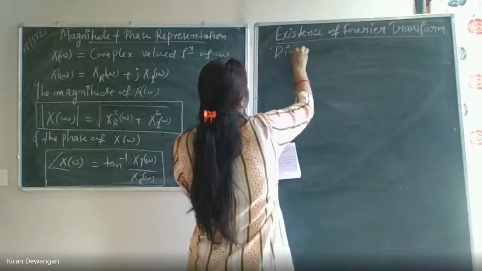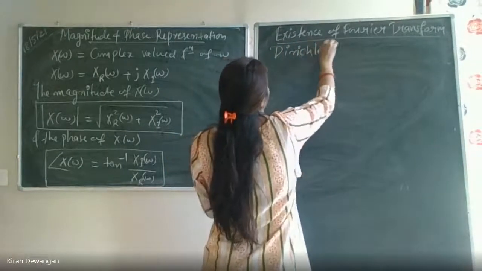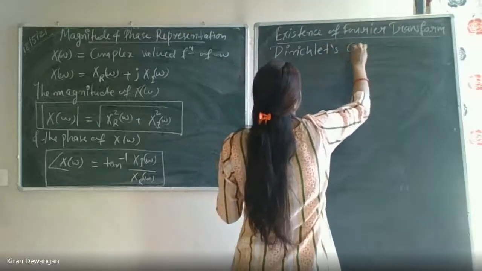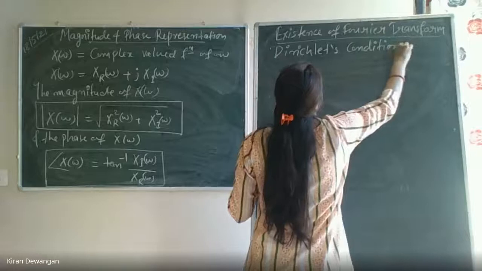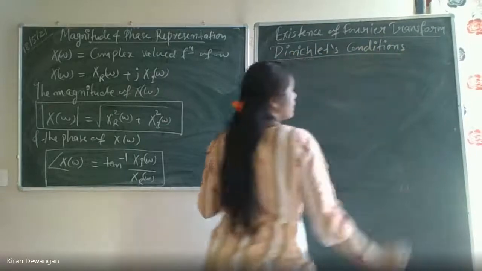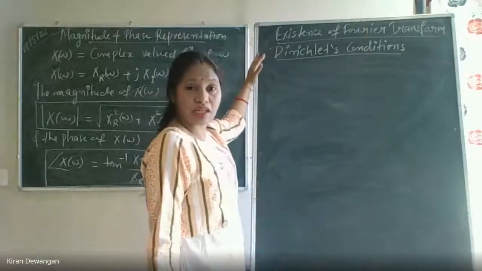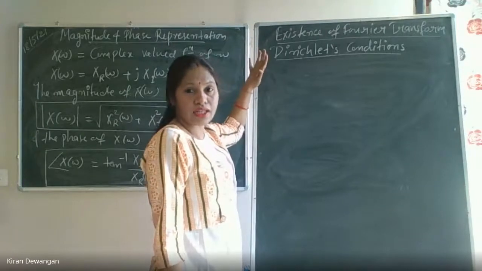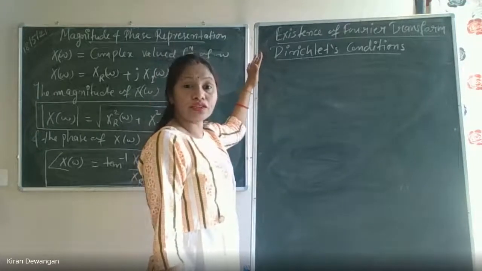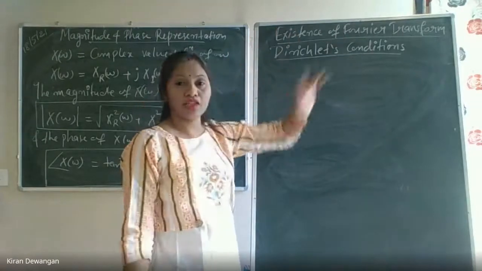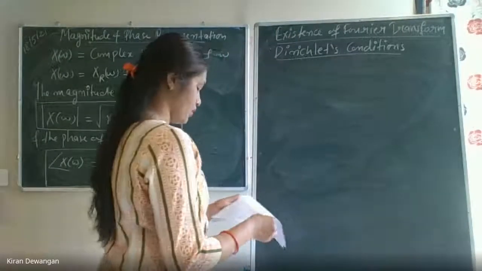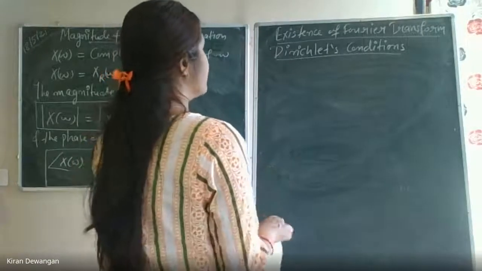The same person, Dirichlet, came up with the Dirichlet conditions in the case of Fourier series also. The same here, in the case of Fourier transform, the conditions are known as Dirichlet conditions.